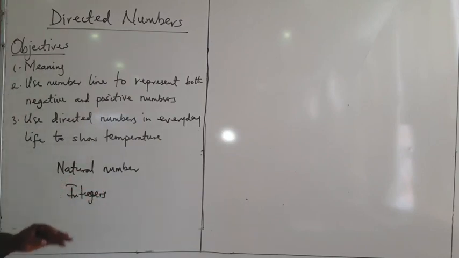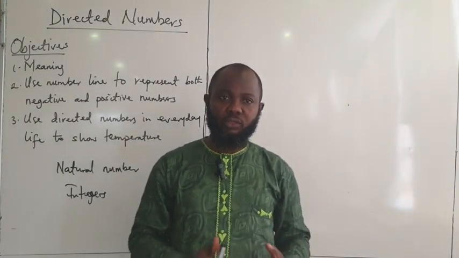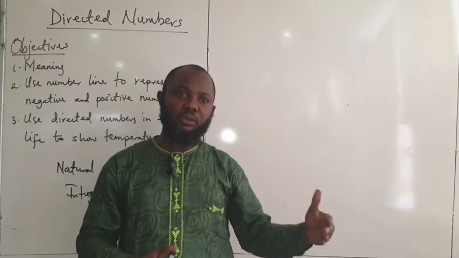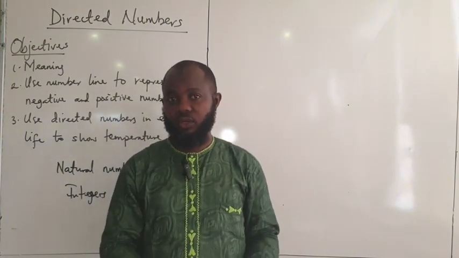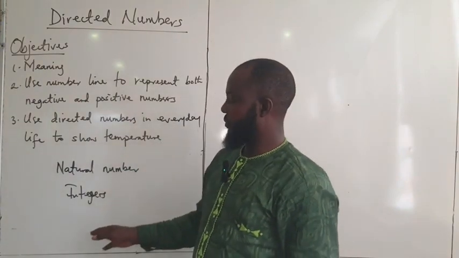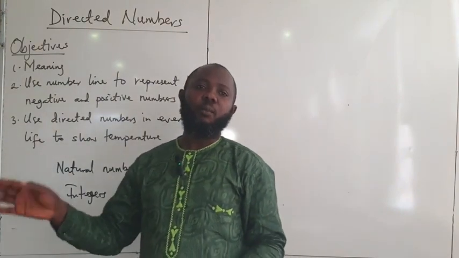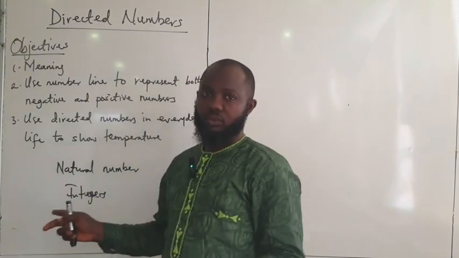So when we talk about natural numbers, they are counting numbers, numbers that we can use to count anything. Starting from 1; 0 is not a natural number that we can use to count. When we talk about integers, they are both positive and negative natural numbers.